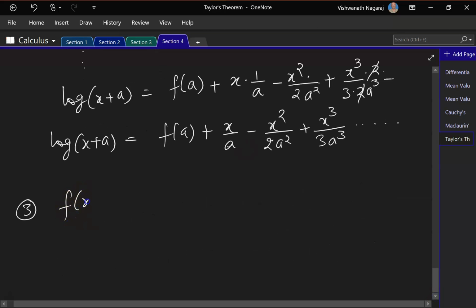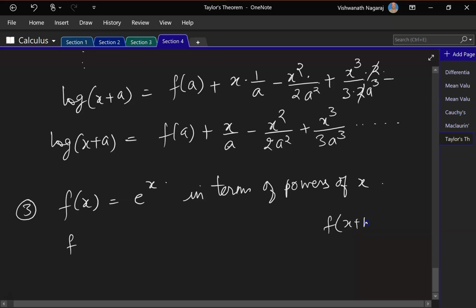Let's say f of x is equal to e to the power of x. Now the derivatives of e to the power of x are very straightforward, right? And we want it in terms of powers of x. So f of x plus h or a plus h, if we start with that, since we want this to become x, h should become x, a should become 0.